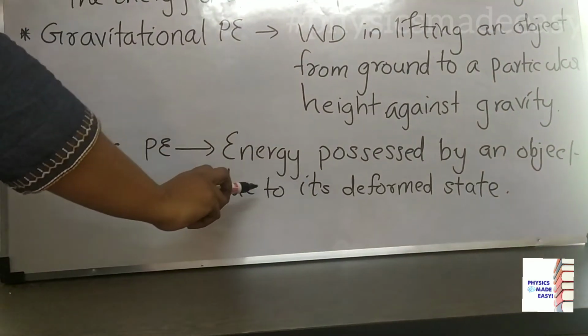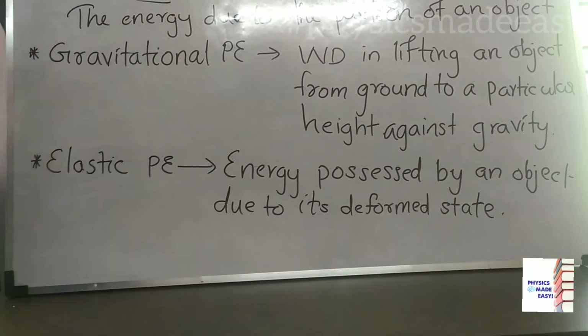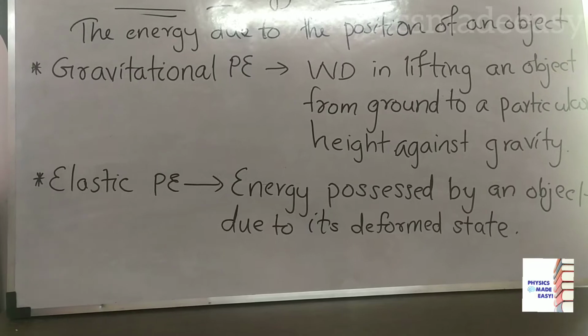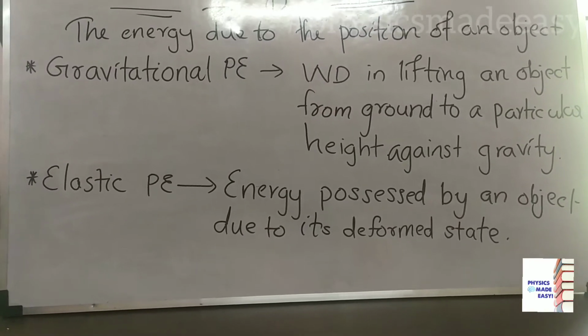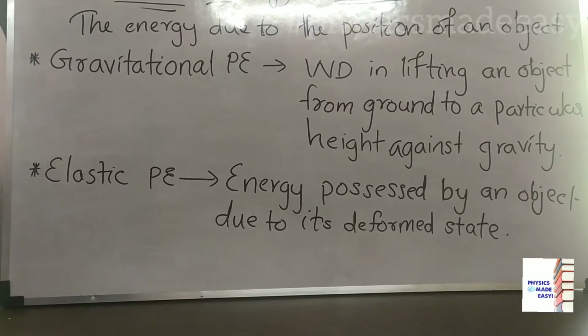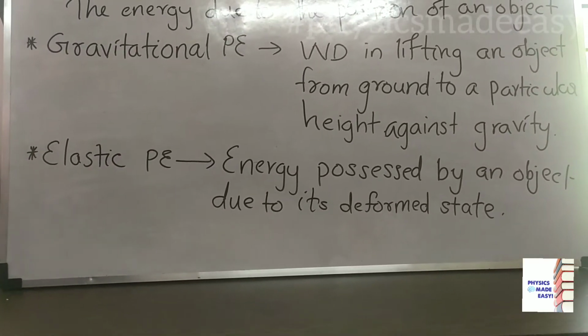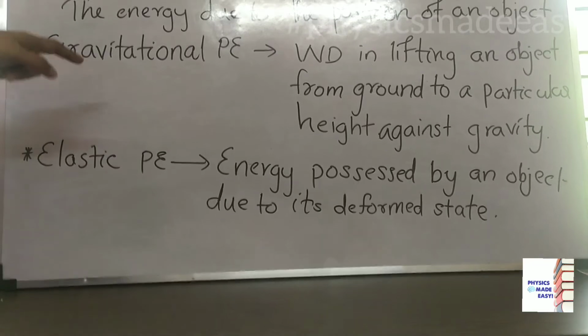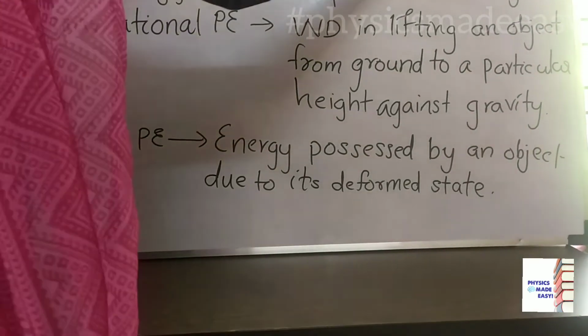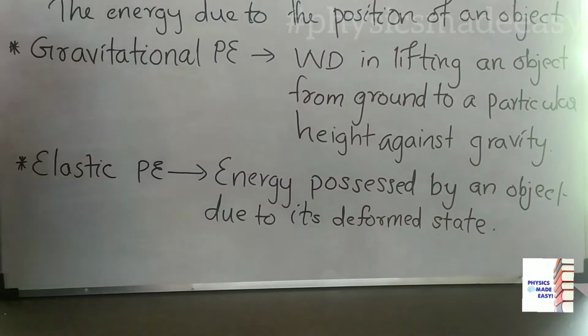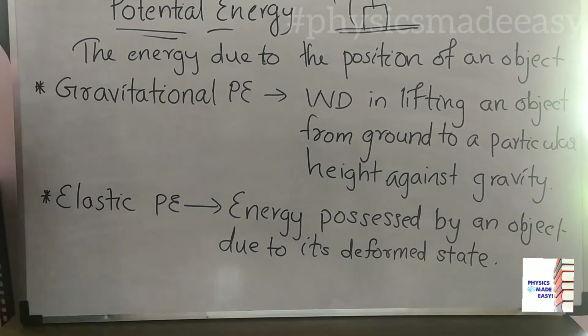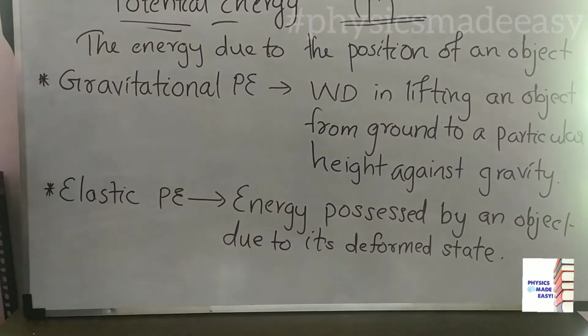Energy possessed by an object due to its deformed state is known as elastic potential energy. Children, you know a spring. Energy stored in a spring is an example of elastic potential energy. But for gravitational potential energy, water stored in a tank is an example.